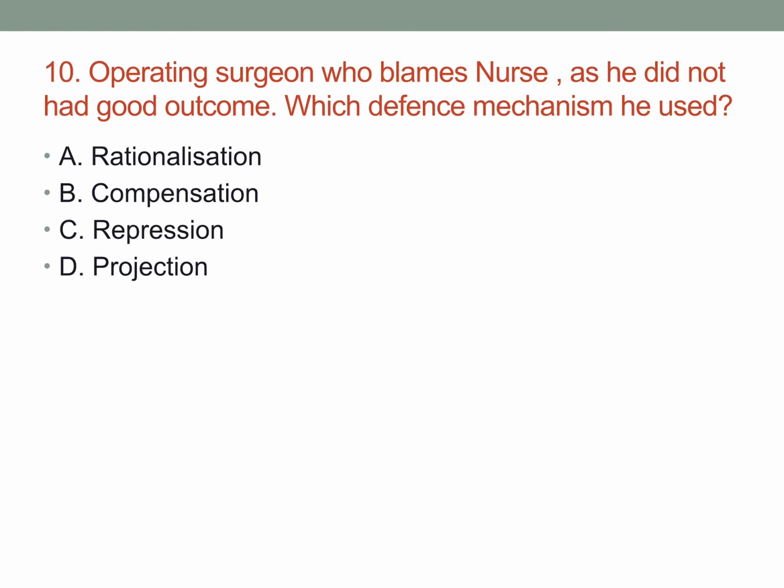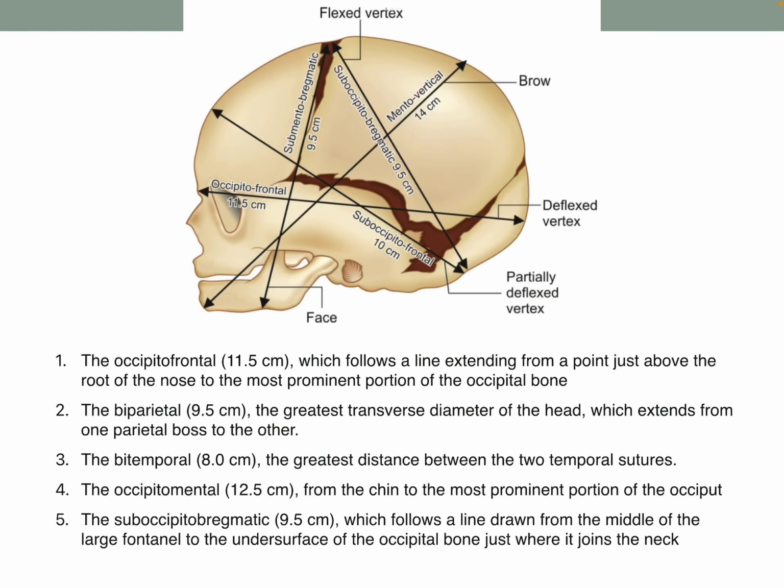The answer is 9.5 centimeter. Occipitofrontal follows a line extending from just above the root of the nose to the most prominent portion of the occipital bone. Biparietal is 9.5 centimeter, bitemporal 8 centimeter, occipitomental 12.5 centimeter, and suboccipitobregmatic is 9.5 centimeter. Take the notes.